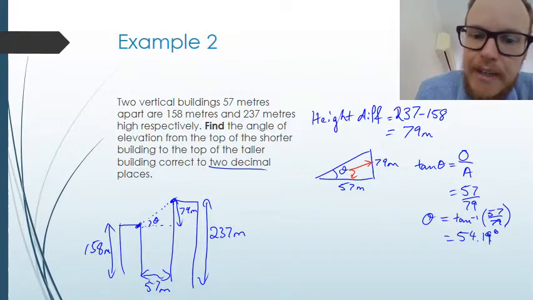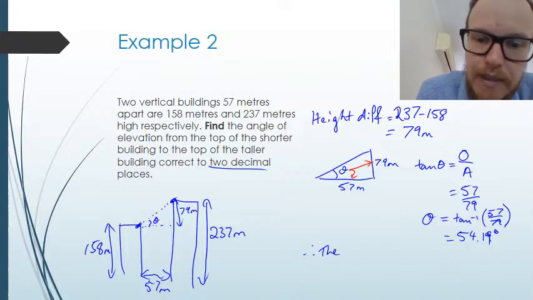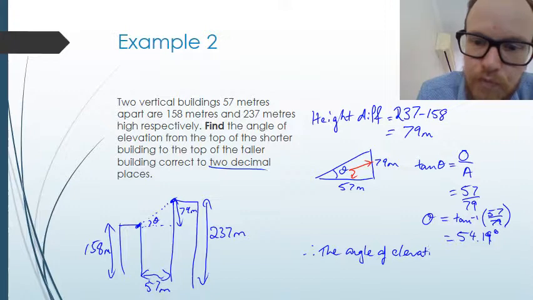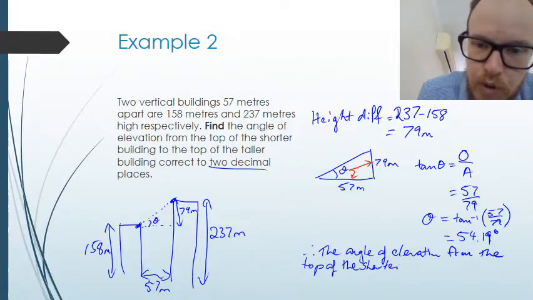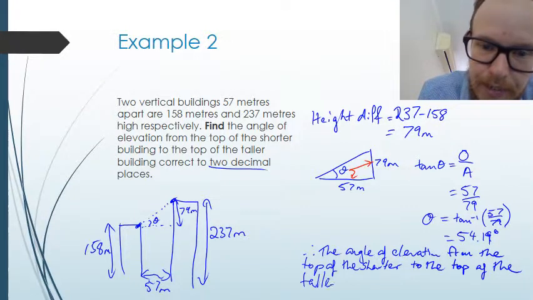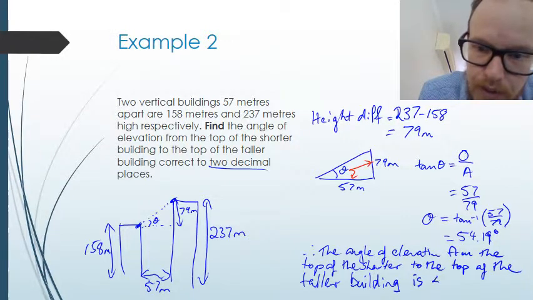So we can say, therefore, the angle of elevation from the top of the shorter to the top of the taller building is 54.19 degrees.